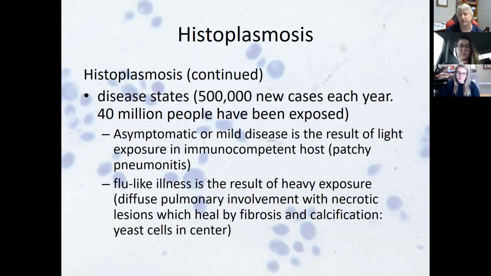Asymptomatic, mild disease, light exposure, patchy pneumonitis, done. Flu-like illness results from heavy exposure. So with diffuse pulmonary involvement, necrotic lesions, we get a fibrosis and a calcification with yeast cells in the center. So it can definitely be a lung issue.